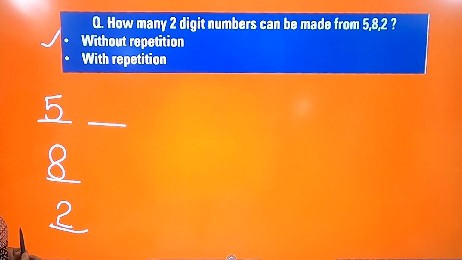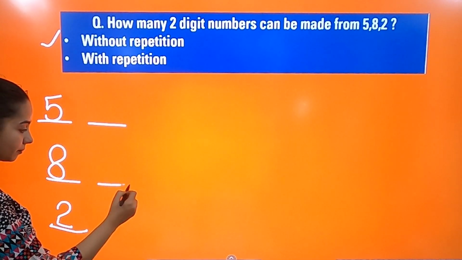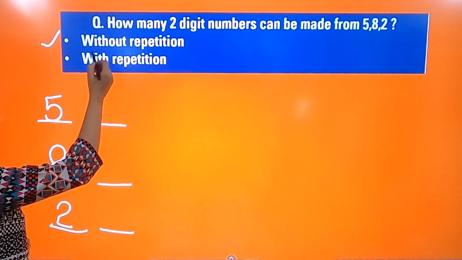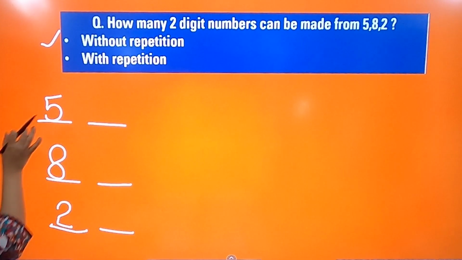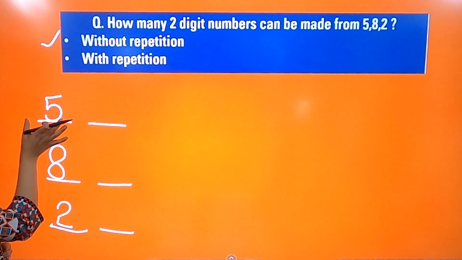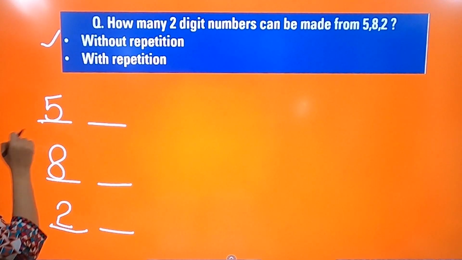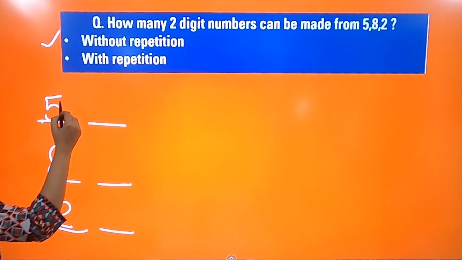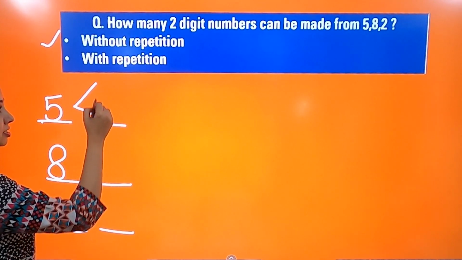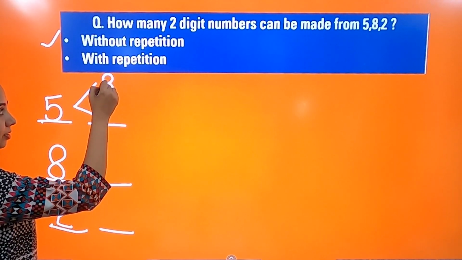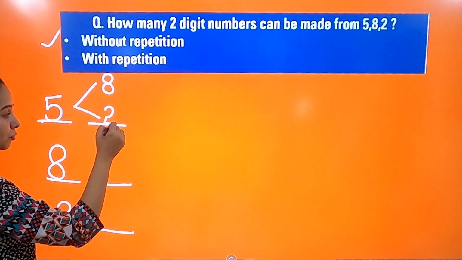Any of these 3 digits I can use. Now, since I am doing without repetition, I cannot use 5 over here if I have already used it in the first place. Then with 5, only 2 options are left for the second place. They are 8 and 2.